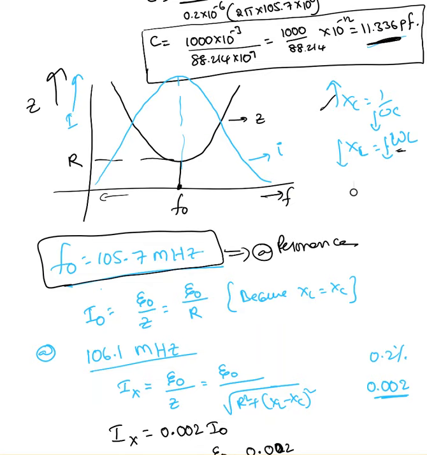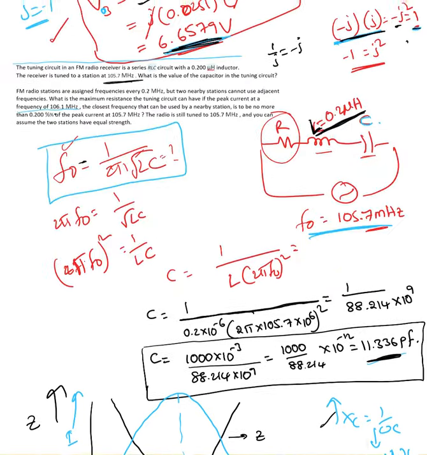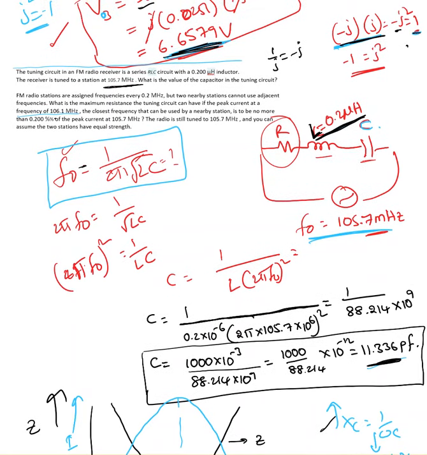Now, moving back to the second portion of the question, he's talking about FM radio stations. FM radio station frequencies are between, let me use, 88 megahertz to 108 megahertz.